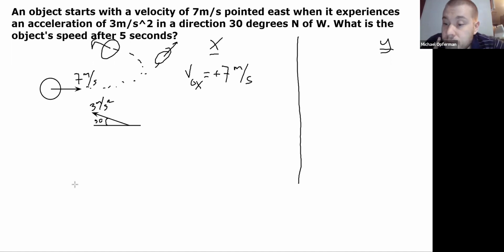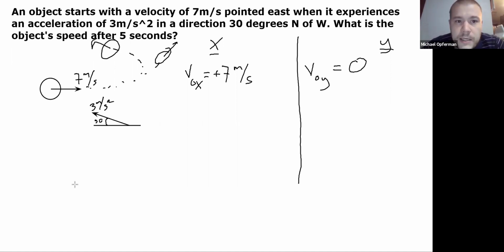Now, don't forget, we also know the y component of initial velocity, because if it's pointing east, that means it doesn't have any y component. So v0y equals 0. It still counts as a known just because you know it's 0.